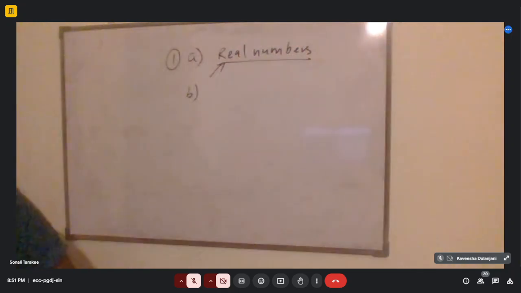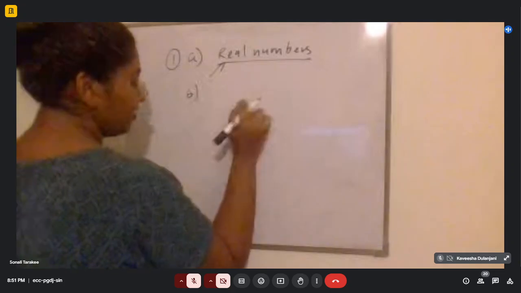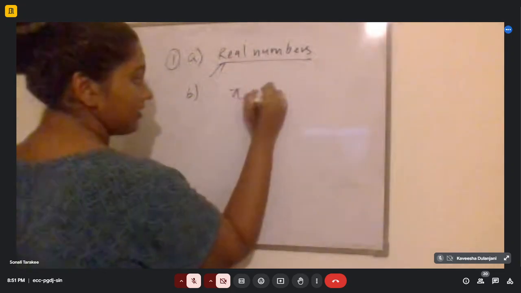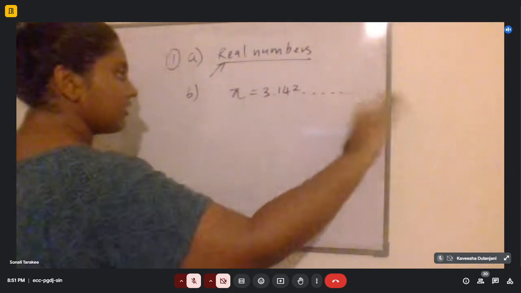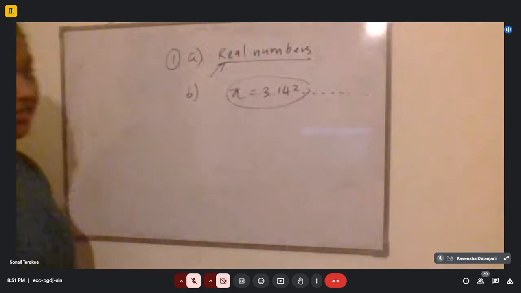Irrational numbers are not repeating and they are not ending. Something like 3.142, likewise it will go till infinity. So these kinds of numbers are called irrational numbers.